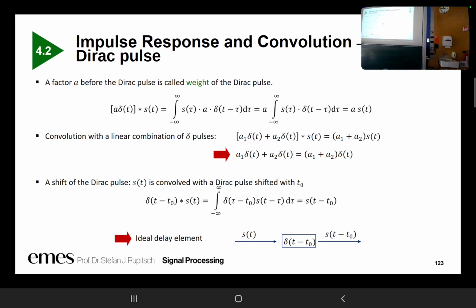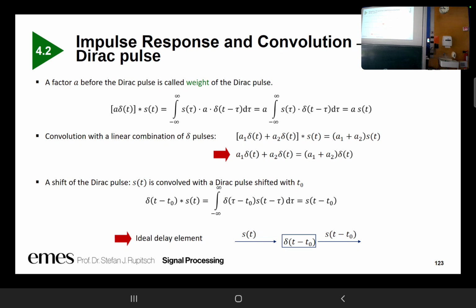Is it possible to realize the impulse response in practice? It's not possible. It's a great challenge for high frequency systems.